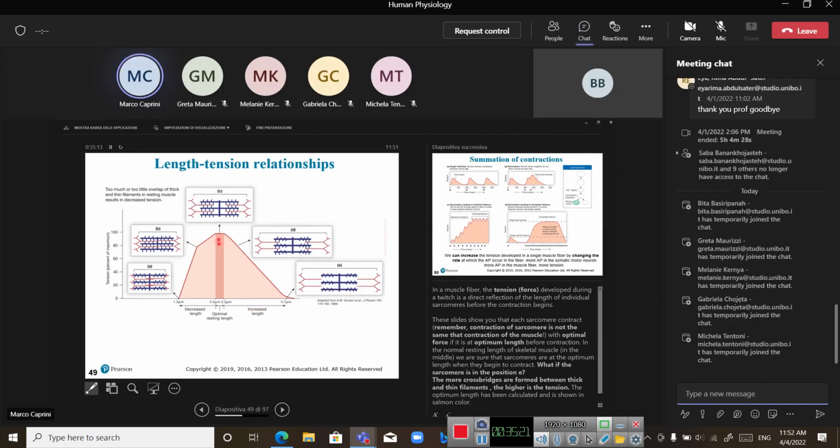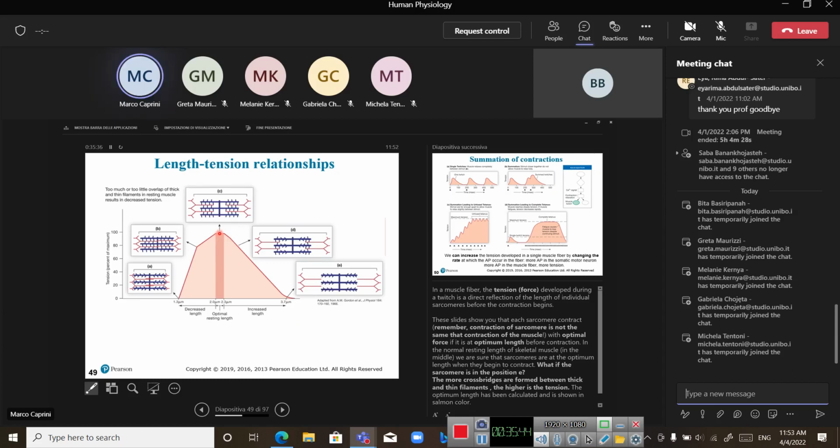In the normal resting length, in the middle, we are sure that sarcomeres are at the optimum length when they begin to contract.